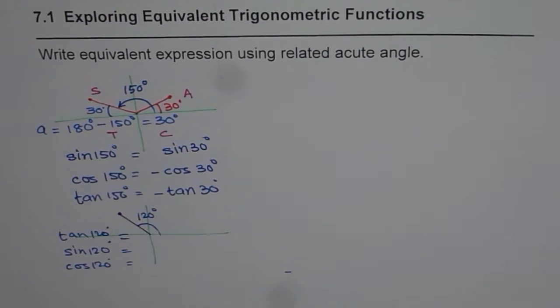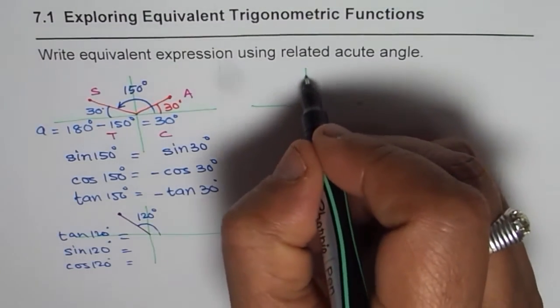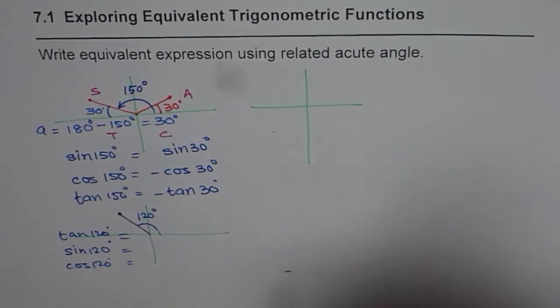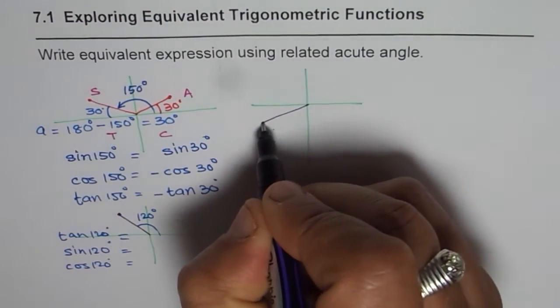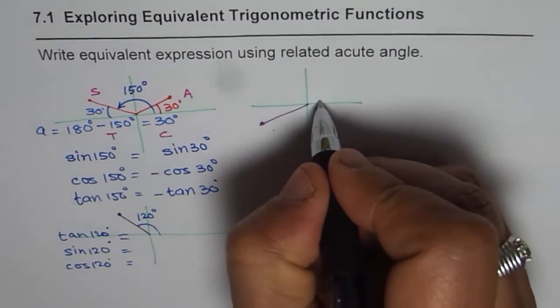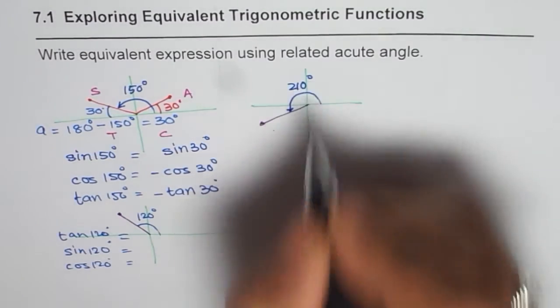Now let's take angles in radians, right? So this time I will take the terminal arm in quadrant 3. So let us say that the terminal arm is right there, and the value of the principal angle in this case is, let us say, 210 degrees.